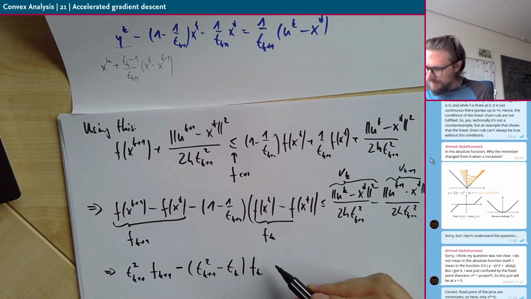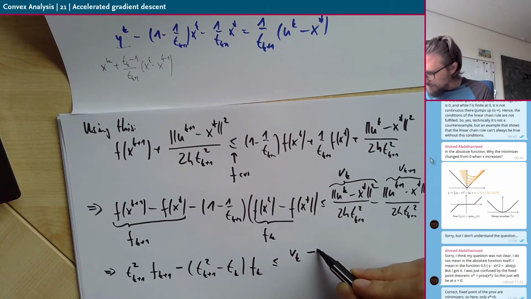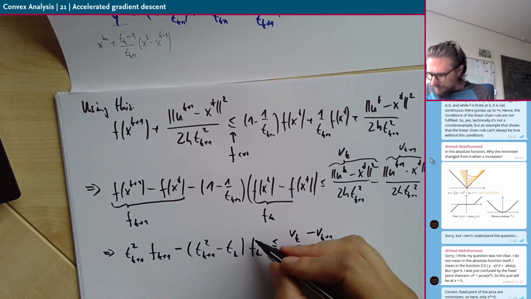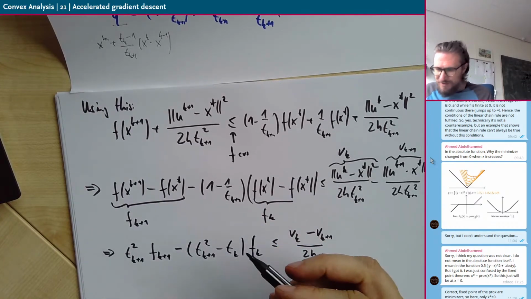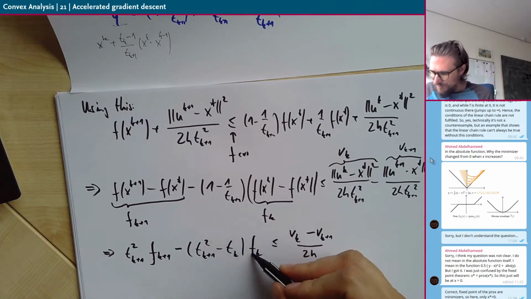And on the right hand side, this is then just (v_k − v_{k+1}) over 2h. So this is my f and this is my t. I hope you can distinguish the f's and the t's. The t's have something like this and the f's do something like that.